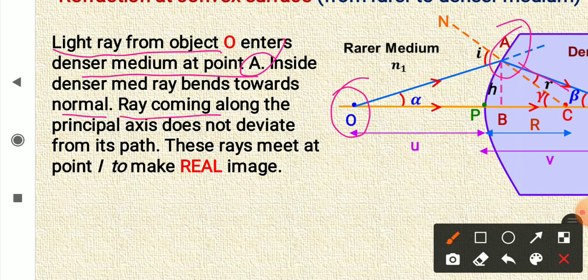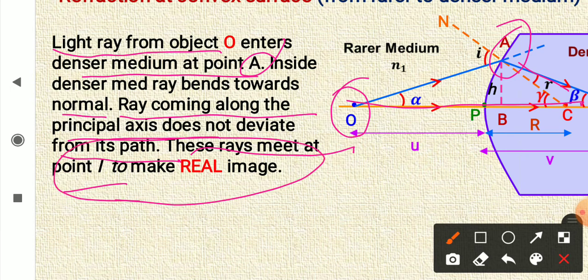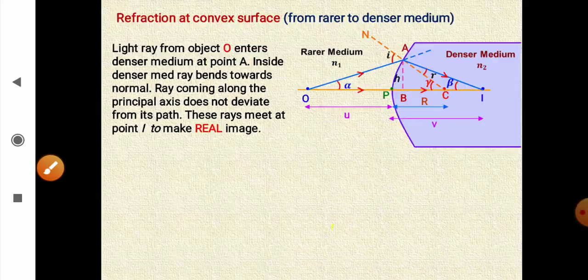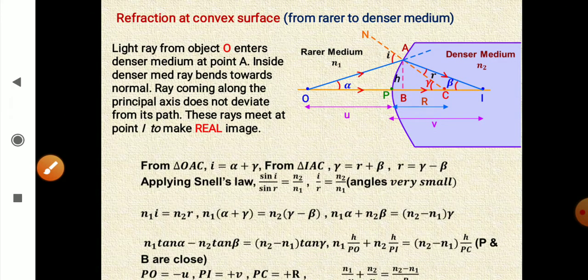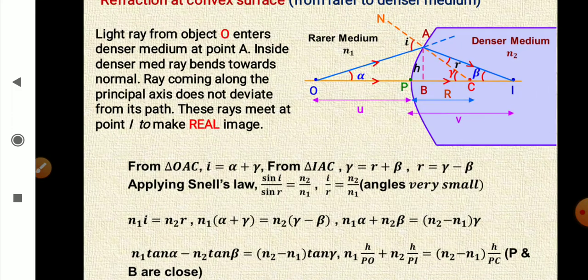Now, the ray coming along the principal axis does not deviate from its path because it is coming along the normal. And these rays meet at a point I to make a real image. So that is the working, and let us get into its derivation part now.